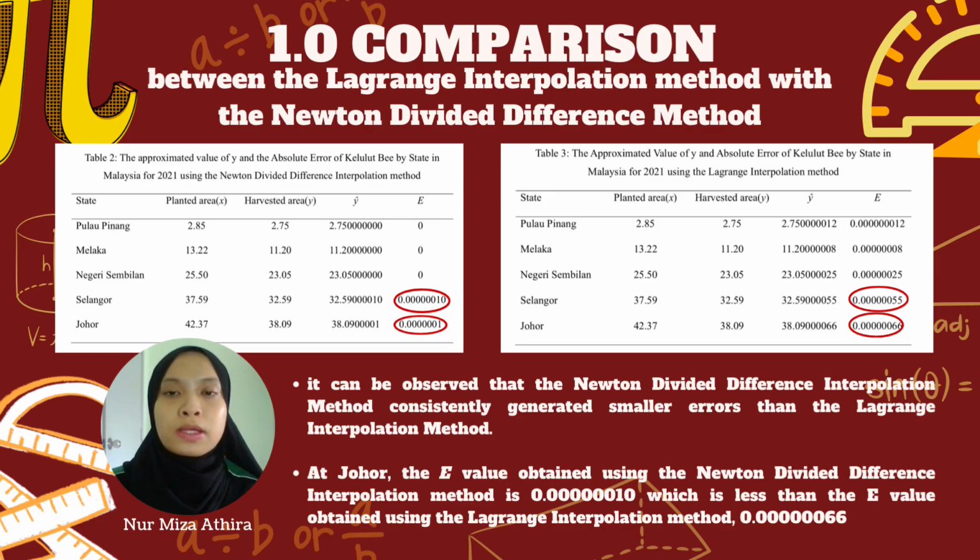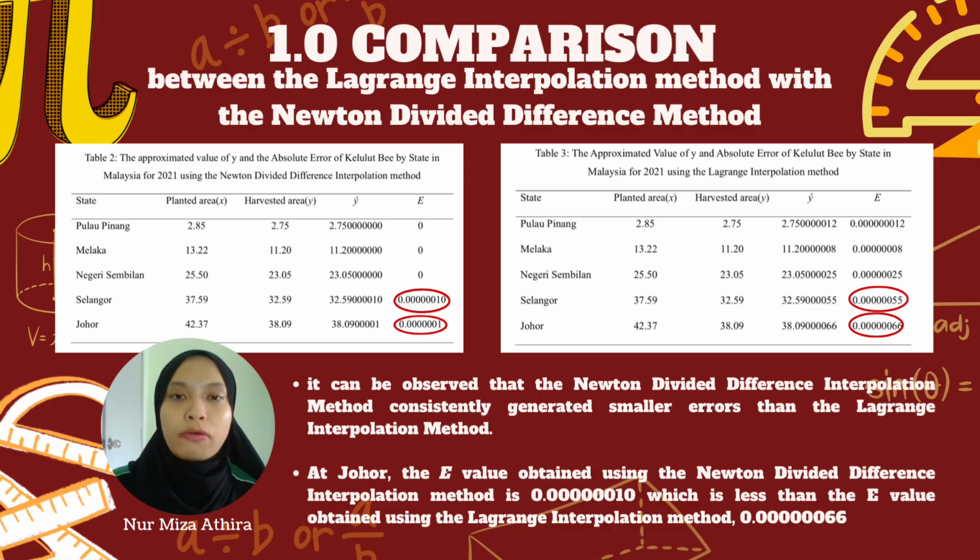Secondly, the value of absolute error for the state of Selangor using Newton divided difference method is 1.0 times 10 to the power of negative 7, while when using the Lagrange interpolation method is 5.5 times 10 to the power of negative 7.